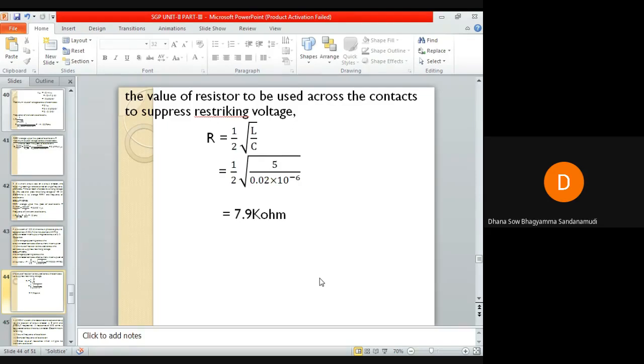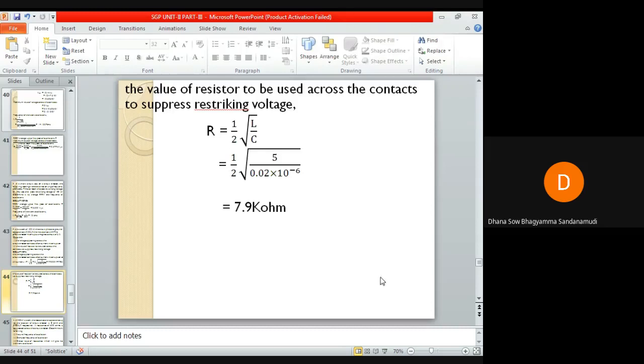So let us assume it is equal to 1 by 2 root L by C. You know L value, C value. So the R value is around 7.9 kilo ohms. This is the resistance which is to be connected across the circuit breaker contacts to not allow the restriking voltage to appear across the contacts, to suppress the restriking voltage.